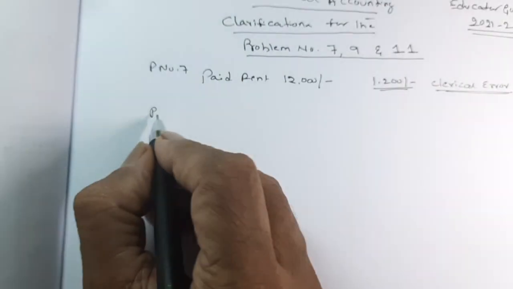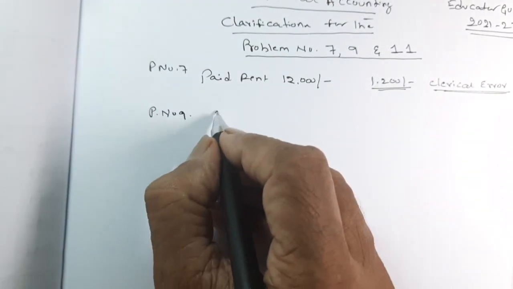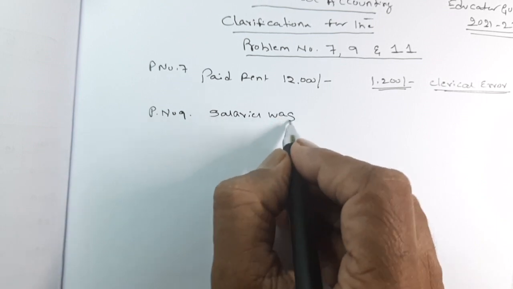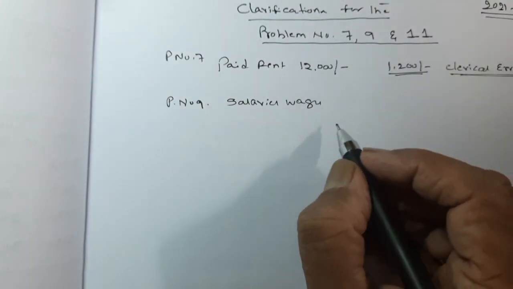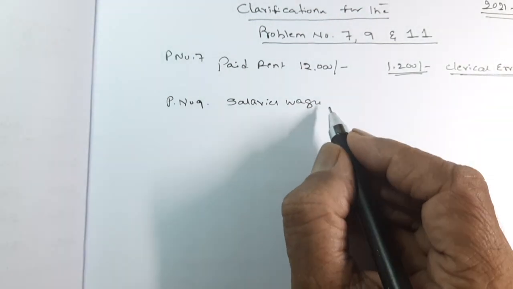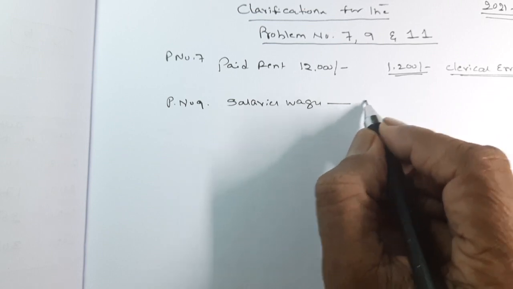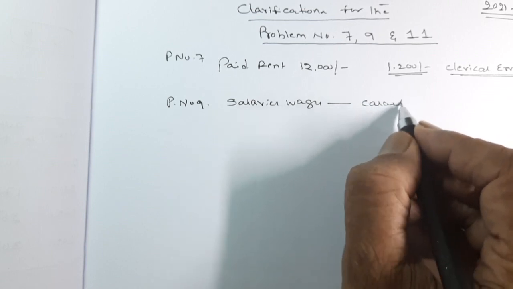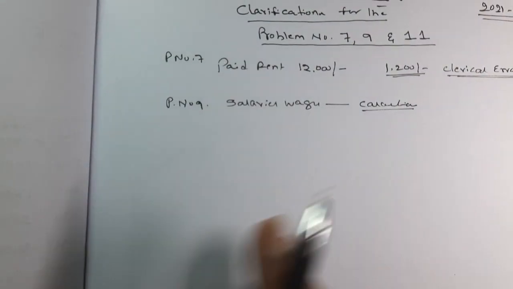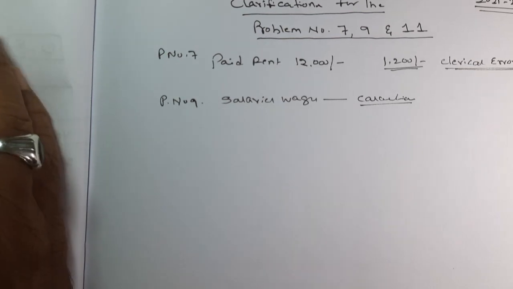Now, problem number 9, that is regarding salaries and wages. A student has written that he has not understood the adjustment and calculation. Don't worry, I will re-explain that concept to you.